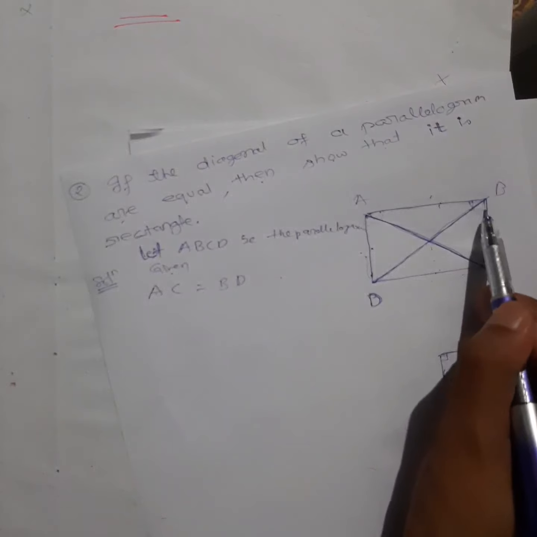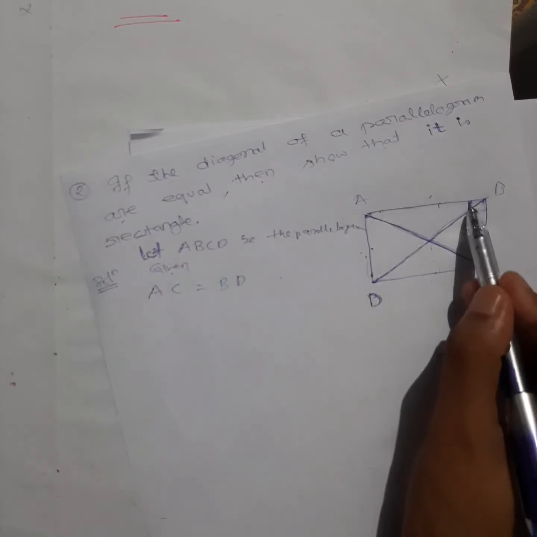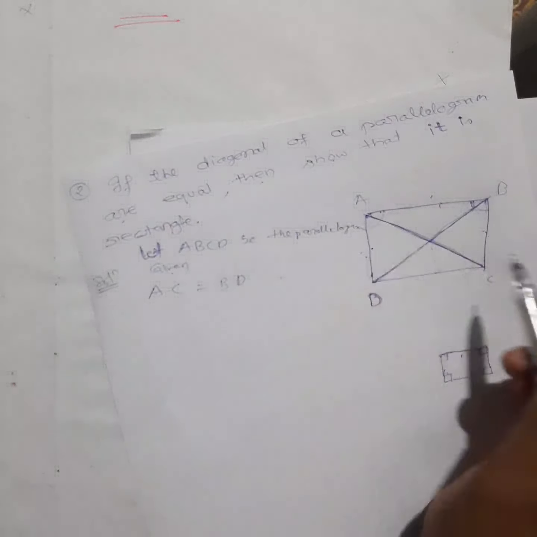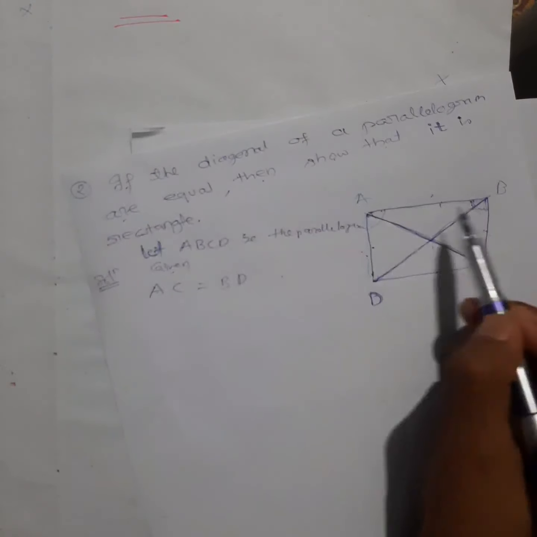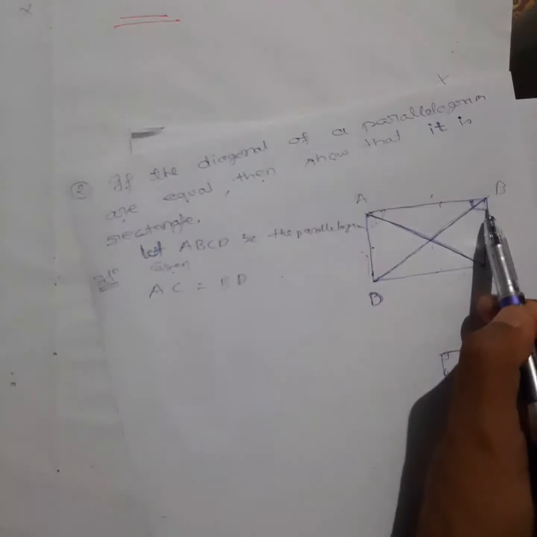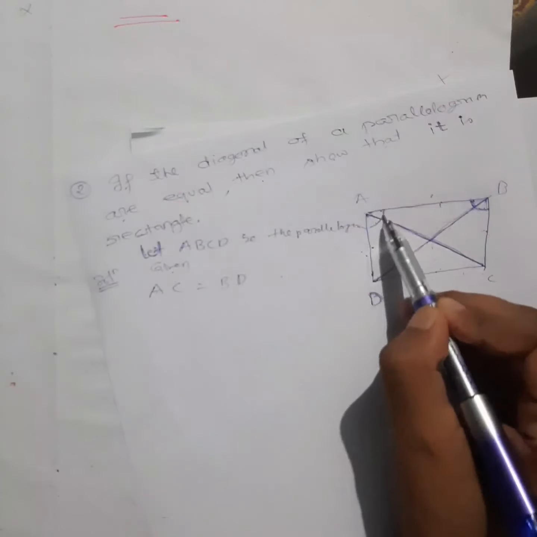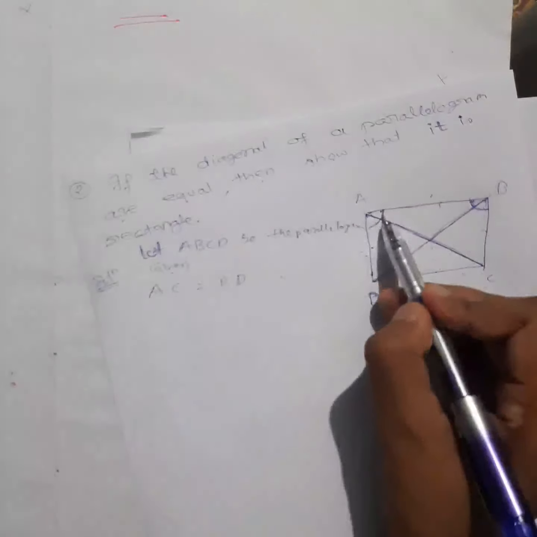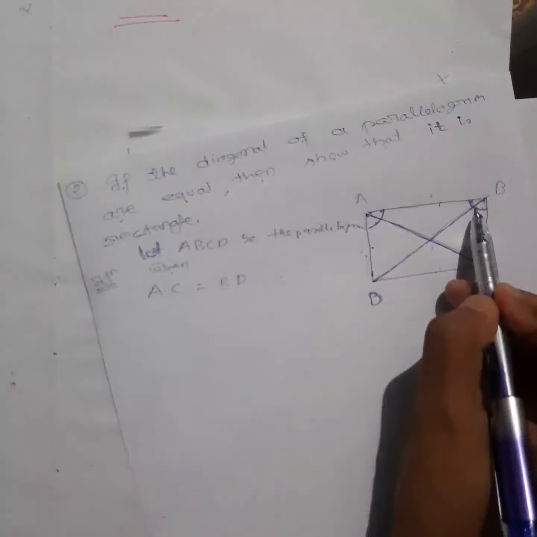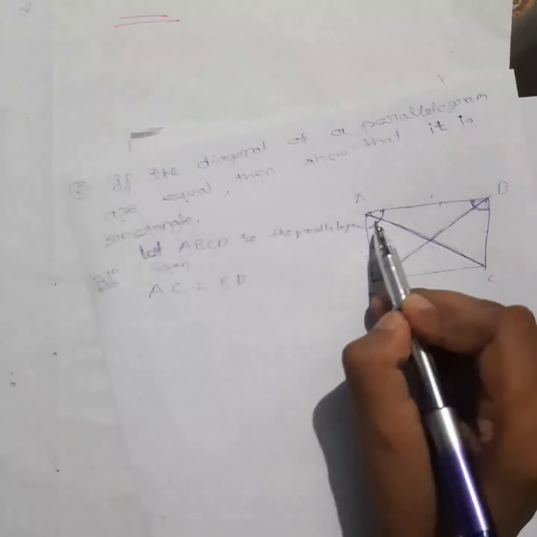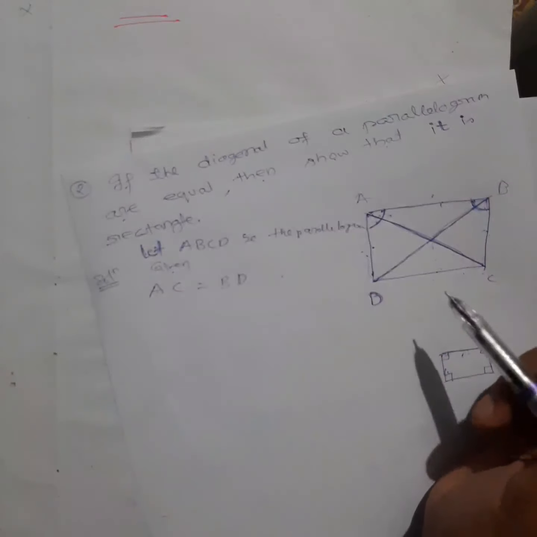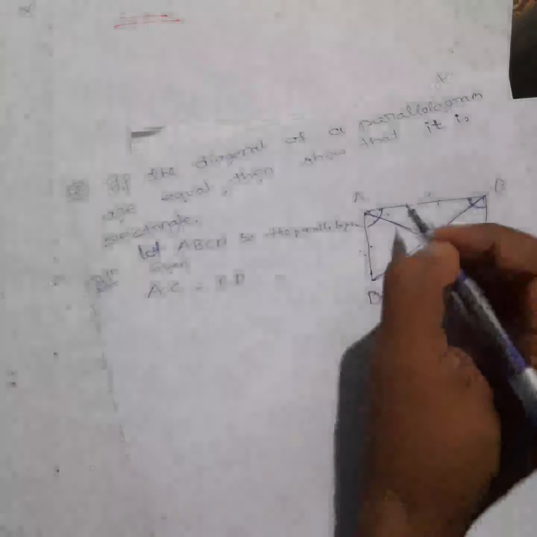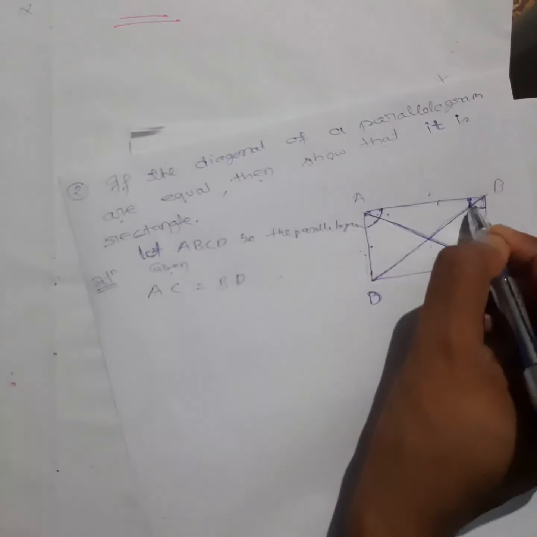Supplementary, 180 degrees, right? This plus this, 180 degrees. Now if I can show this and this are equal, this angle A and angle B are equal, then what can I say? If this plus this is 180 degrees and the angles are the same, then obviously this must be how much? 90, right? So my aim is to show this angle and this angle are equal.